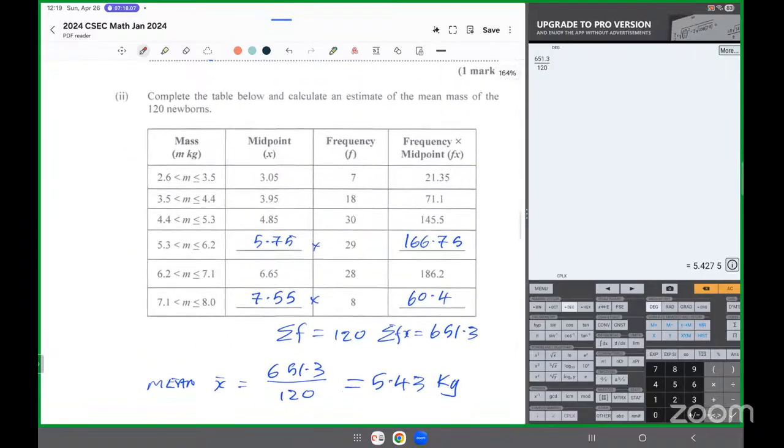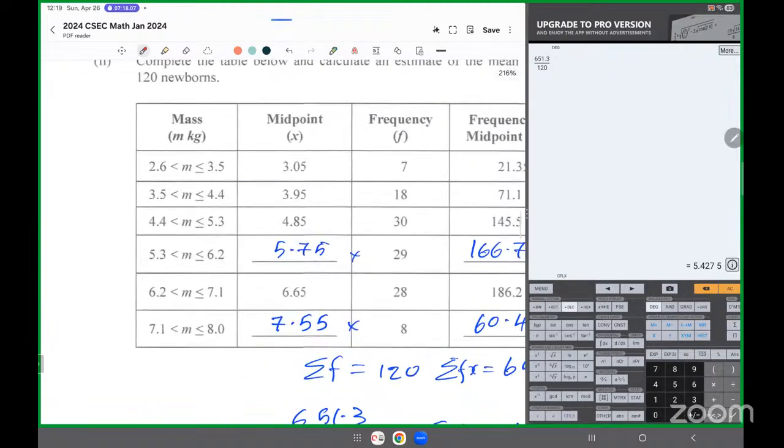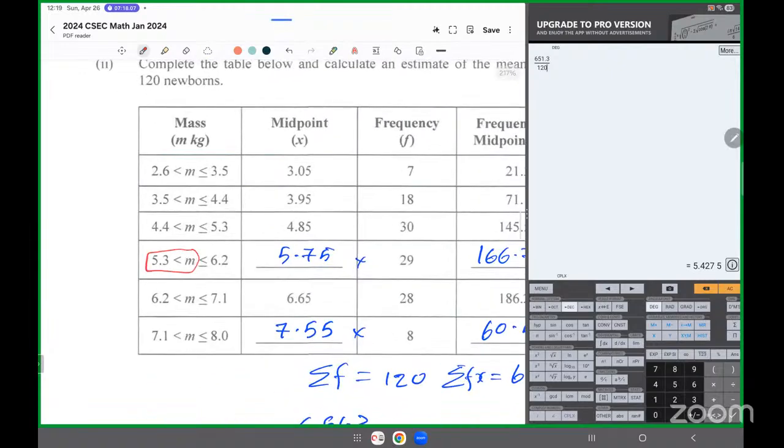Greater than 5.3 starts right here, and then everybody after that. So you want all of these, not just that group, all of those greater than 5.3.